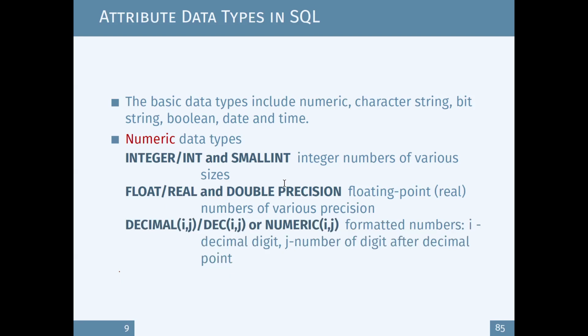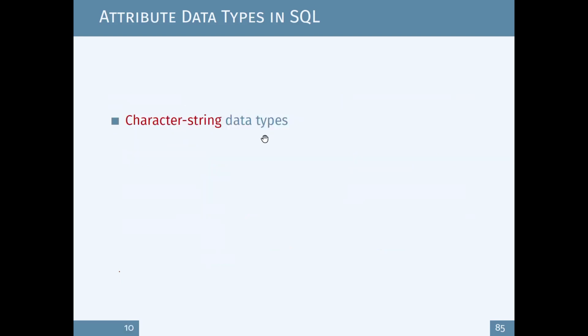You can have decimal. The Oracle ones I will discuss separately. For the time being, Oracle also supports something called number, and then you have float, and then binary float and binary double. Whenever you need to make changes, I will let you know how to use them.